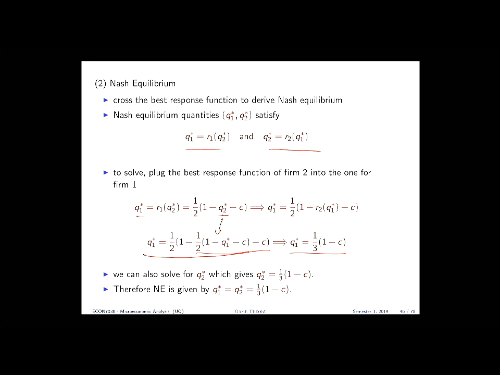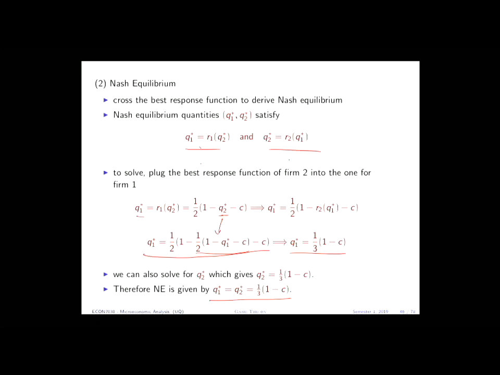Again, due to symmetry, the same thing will happen if you swap the players: instead of putting the reaction function of firm 2 into firm 1, you put the reaction function of firm 1 into firm 2, and you'll get the same thing for Q2. Therefore, this will be the Nash equilibrium of the game. Okay? Any questions? Great.